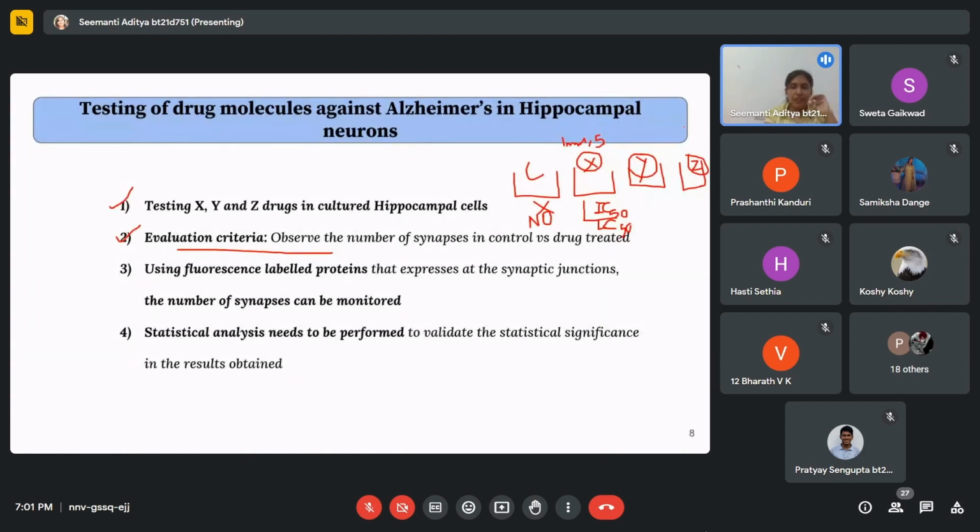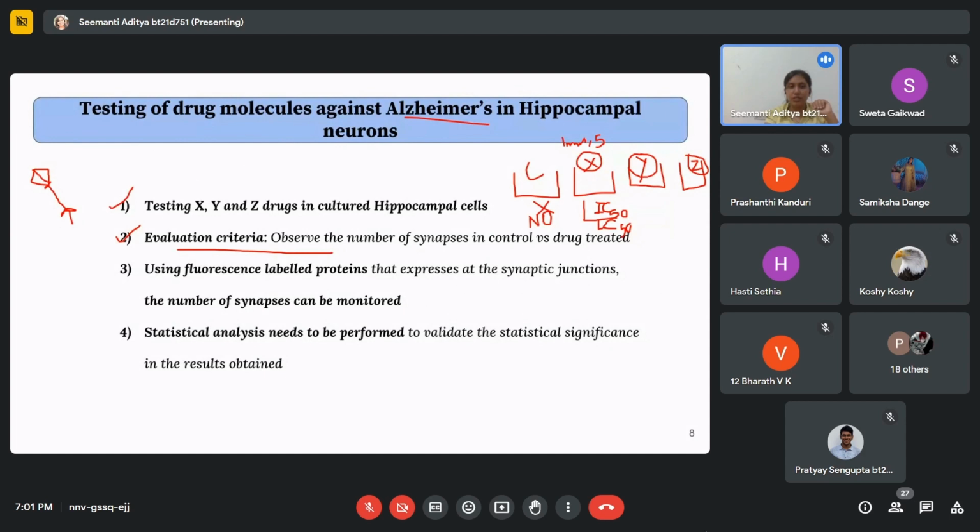So when we have control, X, Y, Z, different drugs, and we are testing them for Alzheimer's, for example, what happens in Alzheimer's is that the hippocampal neurons tend to die, and because of their death there are fewer hippocampal neurons and fewer synaptic junctions.